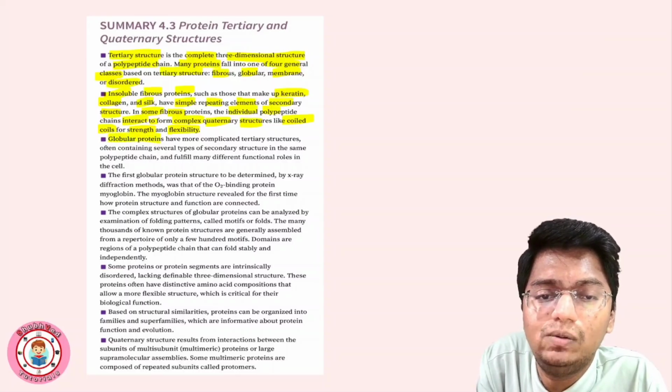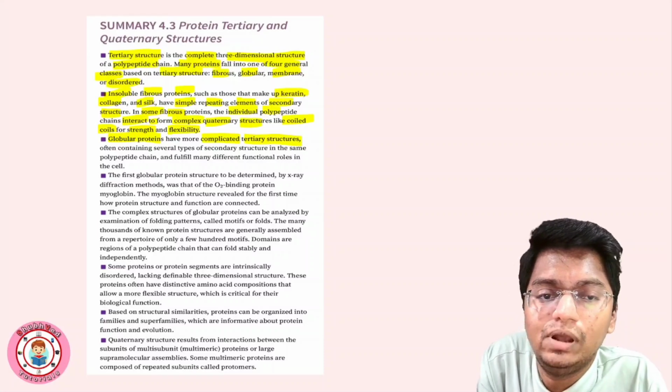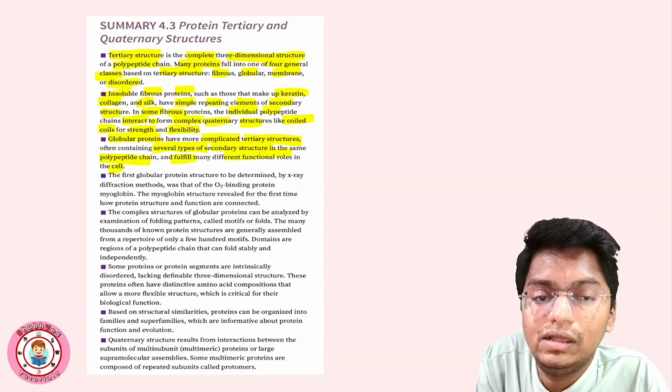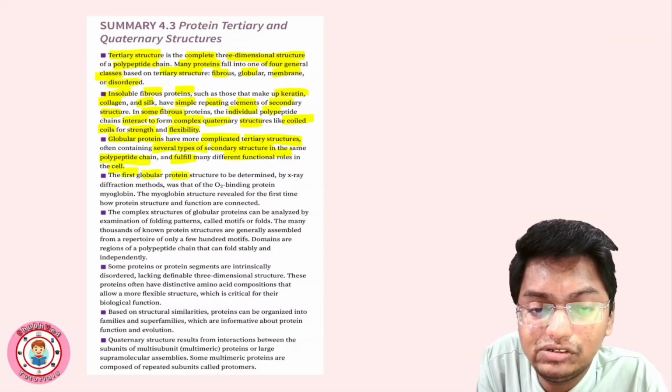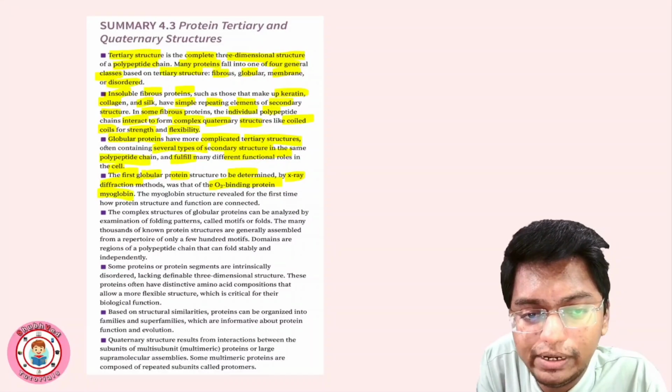Globular proteins have more complicated tertiary structures. The globular structure is more complicated than fibrous, often consisting of several types of secondary structures in the same polypeptide chain and fulfilling many different functional roles in the cell. The first globular protein structure to be determined by X-ray diffraction method was that of the oxygen binding protein myoglobin.